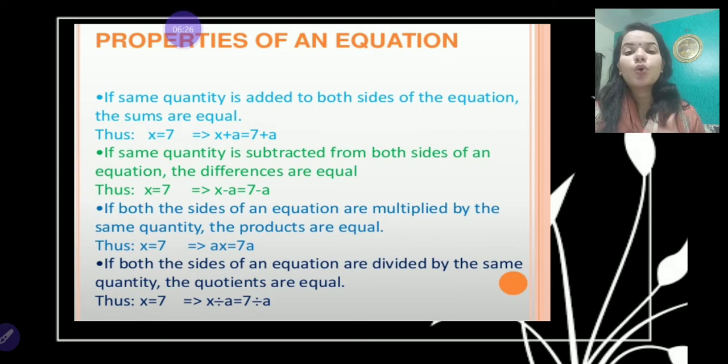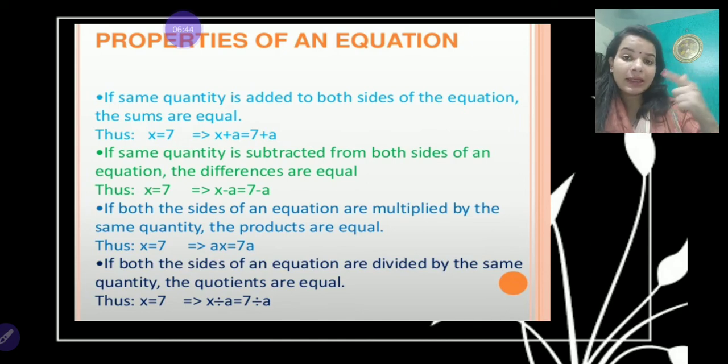This thing we are going to use to find the value of the variable. Okay, children? So if you do these 4 operations, but on both sides, remember this thing: as in a fraction, if we are doing something, we do the same thing in numerator and denominator both, right?